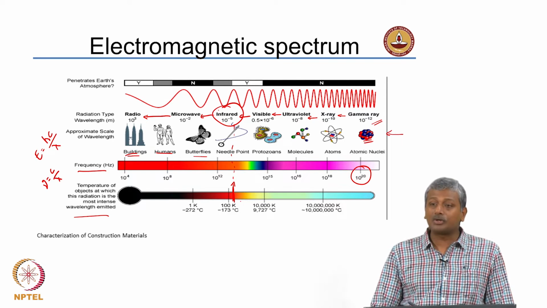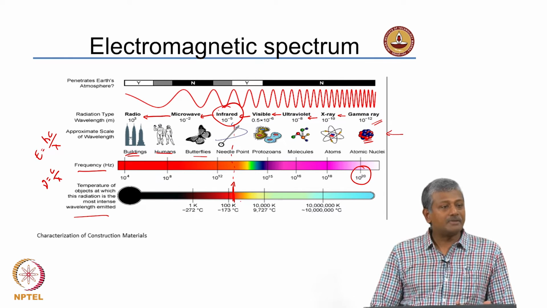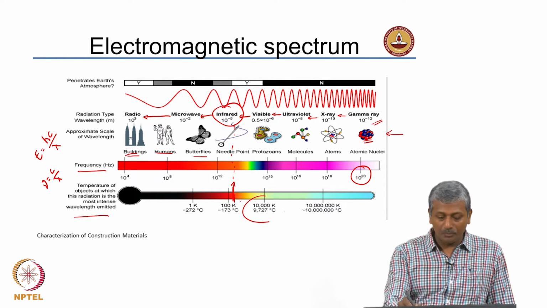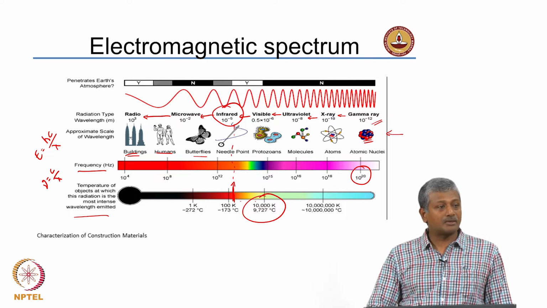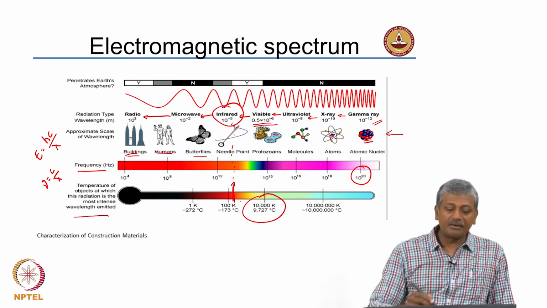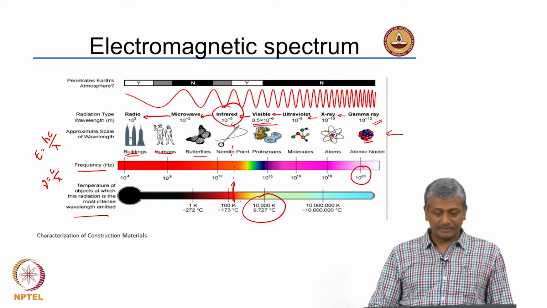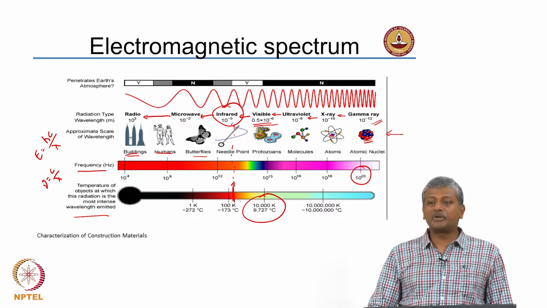So, if you heat your material to extremely high levels, for example, if you are able to heat to 10,000 Kelvin or 9727 degrees Celsius, we are talking about generating a wavelength that is significantly high to produce visible light. What is the temperature on the surface of the sun?